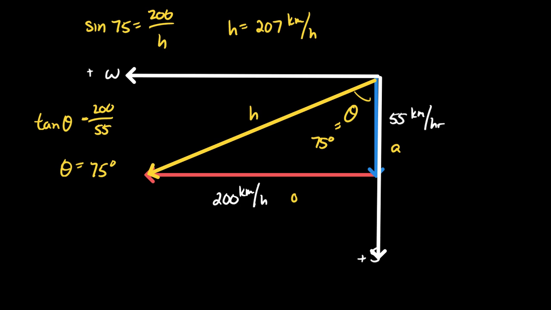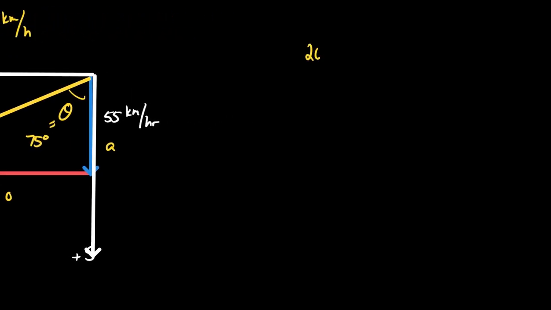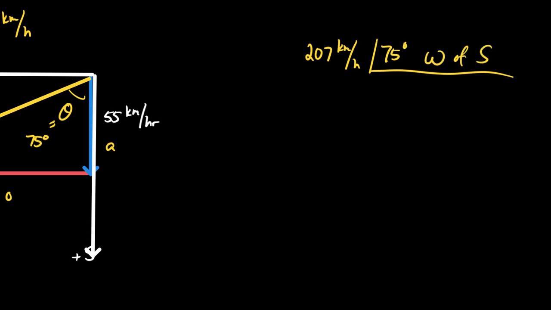I walked around and people had this, but you didn't give me the answer. I wanted the answer. The answer involves these numbers, but it's not exclusively these numbers. The plane is traveling at 207 kilometers an hour at a heading of 75 degrees west of south.